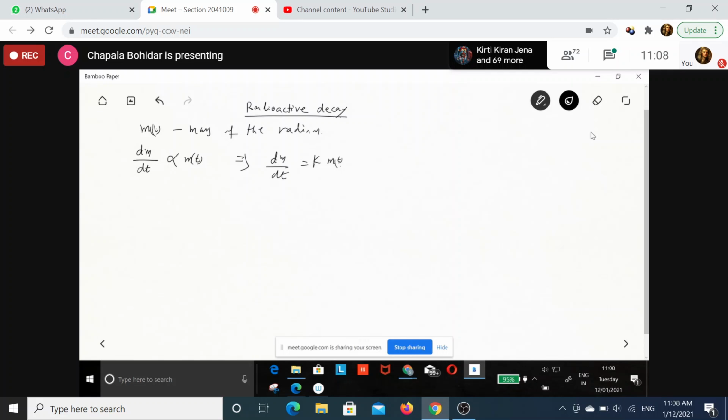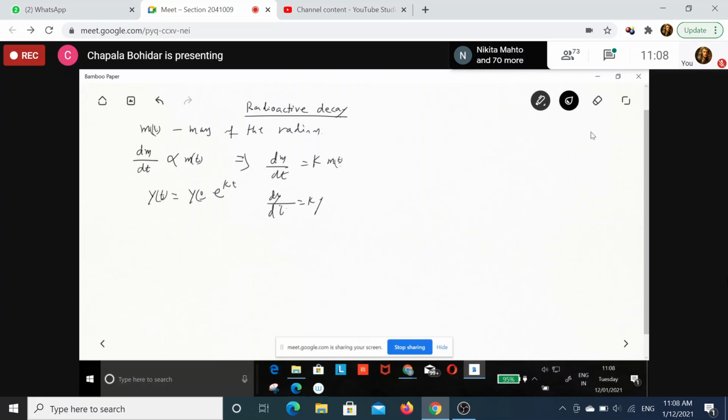So what is our solution? As we know, y(t) is equal to y0 e to the power kt, the only solution of dy by dt equal to ky.